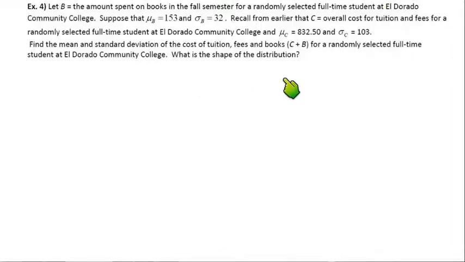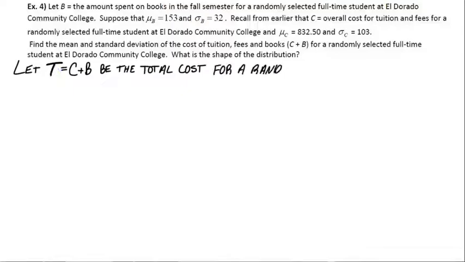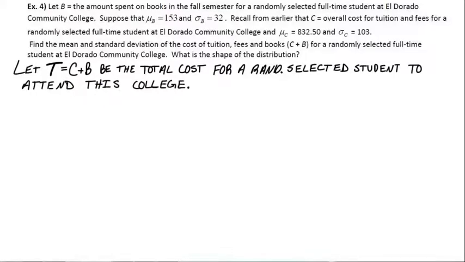What is the shape of the distribution? So as far as C and B together, why don't we just let that be T? So let T basically be the total cost, whether it's books or tuition. Let's add all that stuff up. That's going to be T, the total cost for a randomly selected student to attend this college.